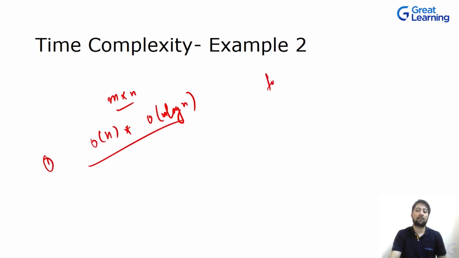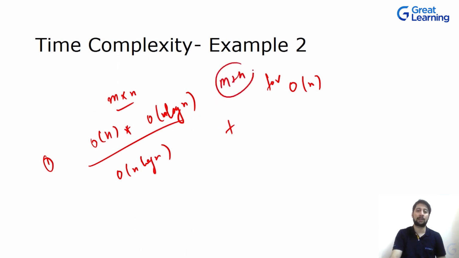Now you have a for loop outside, and then you have this nested for loop. For this nested for loop, you have n into log n, and for the other one, you have big O of n. This is a scenario wherein it is m plus n, and in this you will always take into consideration the maximum among them.